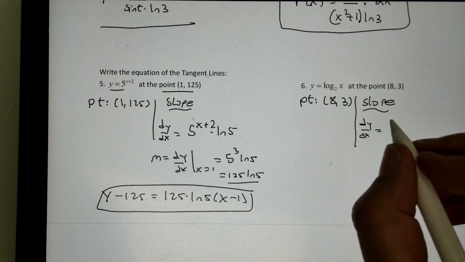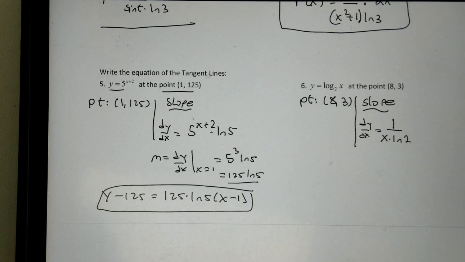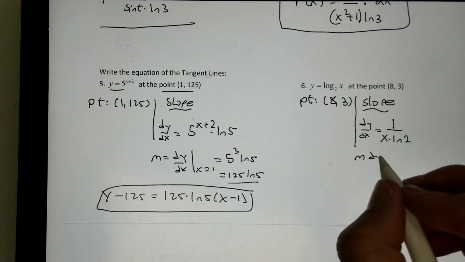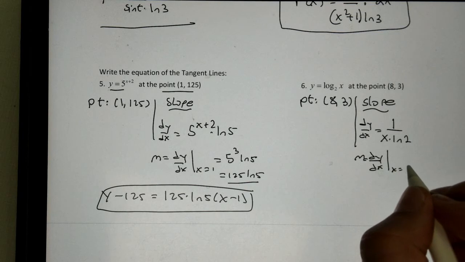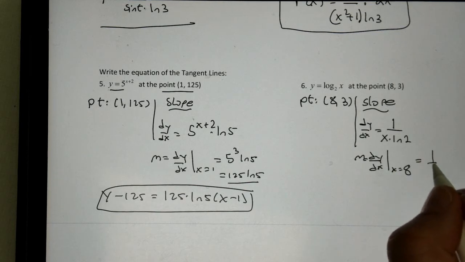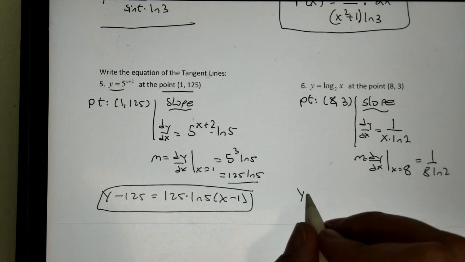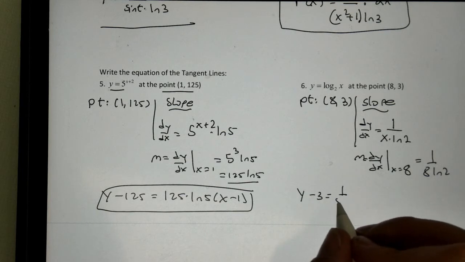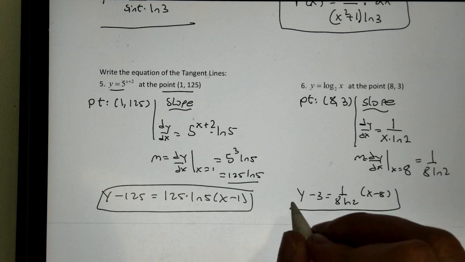This is the 1 over x times the natural log of the base, which is 2. So my slope, I'm going to use my fancy notation. The slope is the value of the derivative at x equals 8, and this becomes 1 over 8 natural log of 2. So my tangent line, y minus 3 equal to 1 over 8 natural log of 2, x minus 8. And there's our answer.